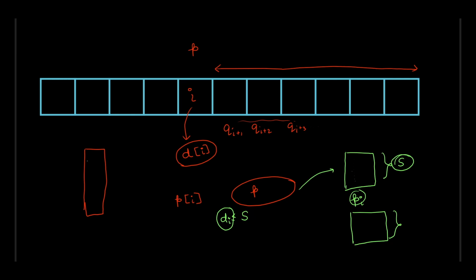There is some q over here, and you have some elements that are greater than qi, some elements that are smaller than qi. You need exactly d elements that are strictly greater than qi.